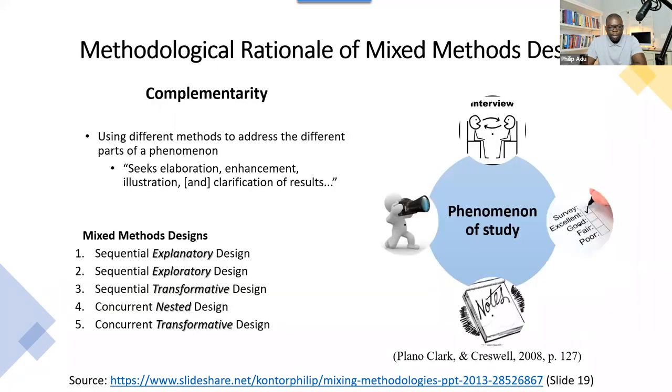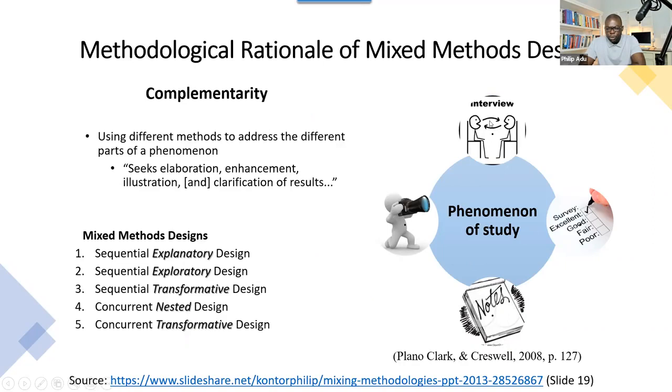So the next one is complementarity. Irrespective of the methodology you are using, there are always going to be strengths and weaknesses. So how can you use 2 methodologies so that the strength of one offsets the weakness of the other? You can argue for a mixed method study from the complementarity point of view by saying that you are using 2 different methodologies to address different parts of the phenomenon, because you know that one methodology cannot address all of the phenomenon.